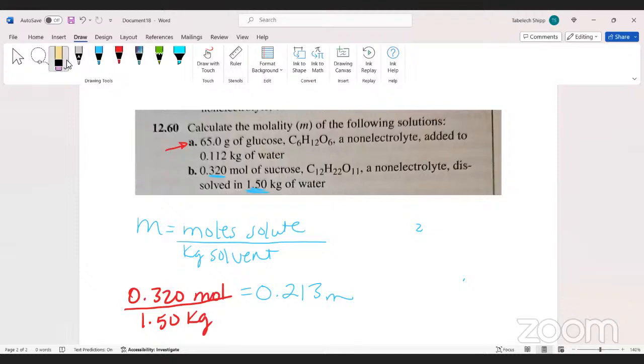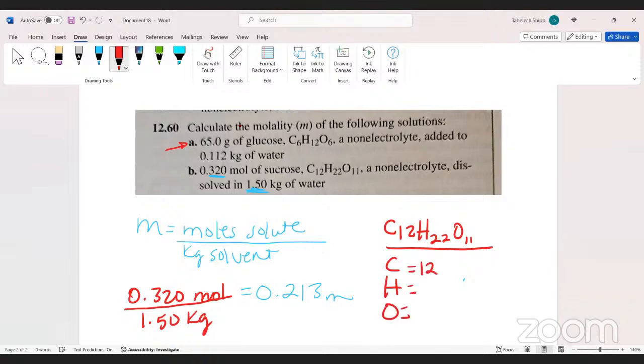To find your molar mass, again, all you have to do, if I were doing, let's say, C12, H22, O11, oxygen 11, I'm going to zoom in so you can see that a little bit better. All you have to do is take each of these elements apart: carbon, hydrogen, and oxygen.